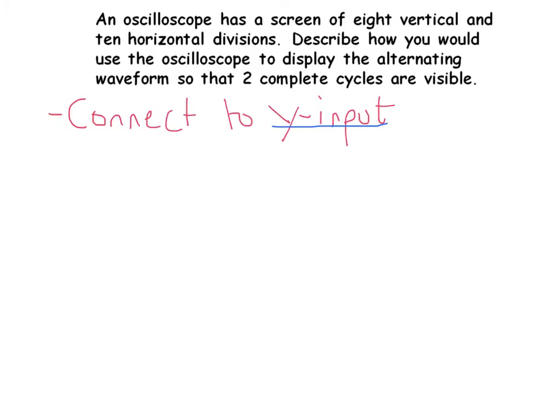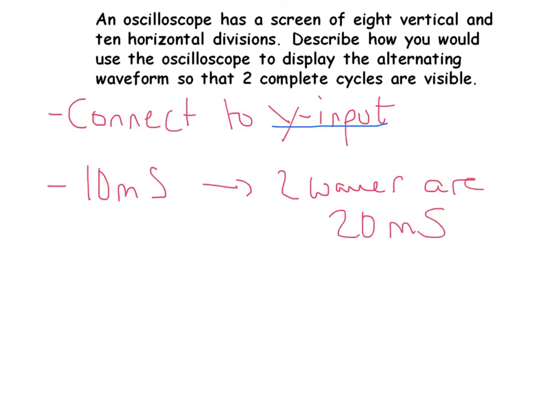Now the next key part is it tells you that you need 2 complete cycles visible on your oscilloscope. So from the previous question we calculated that one waveform was 10 milliseconds. So obviously that means that 2 waves are 20 milliseconds because it's twice as long.